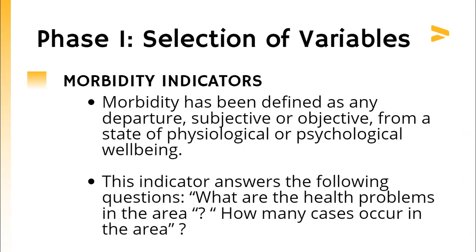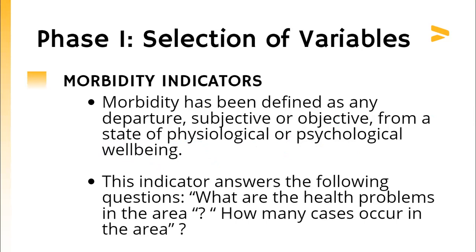When we talk about morbidity, you need to know first what is normal, the state of physiological or psychological well-being. That normal state will be your baseline, and any deviation from that normal state of well-being is now considered morbidity.